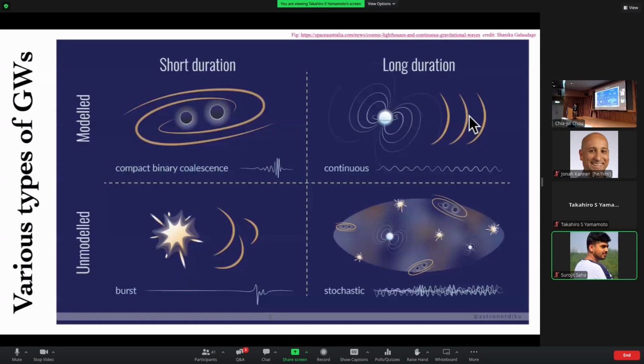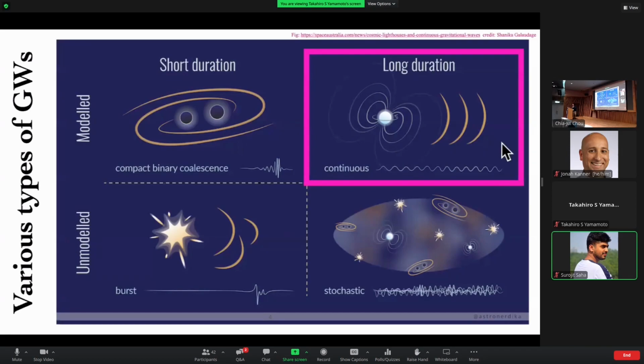So here's a table of the classification of the gravitational waves, in terms of duration, short or long, and whether the waveform is well modeled or unmodeled. In day 2 or day 3, we have a lecture about the burst type and the stochastic type, these two lower panels. And in my talk, I will talk about the continuous waves, which have a very long duration, and the waveform is very well modeled.